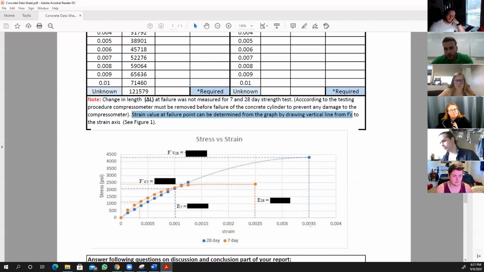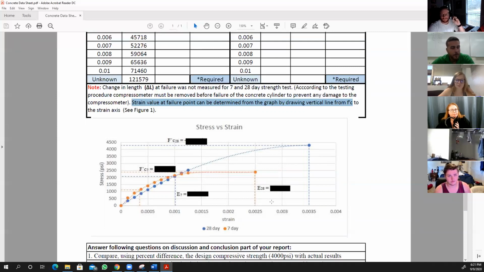But all I'm looking for is the F prime C, concrete compressive strength. That's all I need. As an engineer, that's what I look at for contractors. Let's say I want 4,000 PSI concrete. If it's 4,000, it's good. If it's not, no good. But for the purpose of this report, if you're going after your PhD or your master's in structural analysis or concrete, you need to know the details.